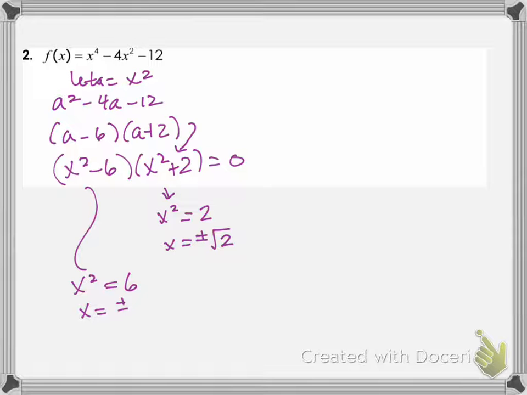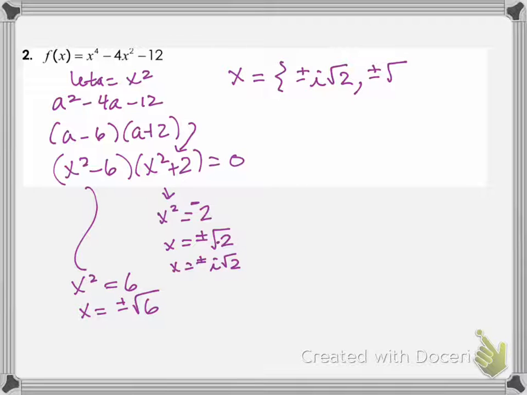That's supposed to be plus 2. So that would be negative 2 there. So x equals plus or minus i square root of 2. Sorry, you guys. And I was like, well, we're not getting an i. This one would be x equals plus or minus the square root of positive 6. So our answers for the zeros are plus or minus i square root of 2 and plus or minus the square root of 6.